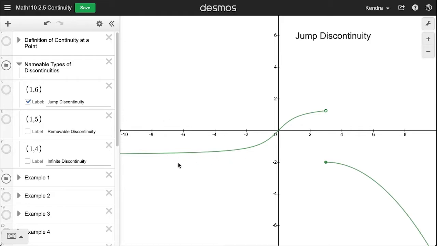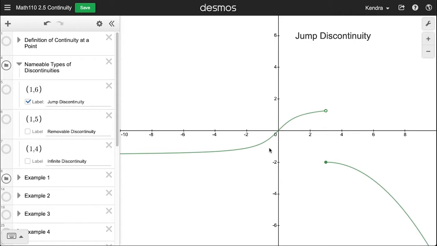Jump discontinuity, which means that the left-hand limit, the limit as x approaches 3 from the left, is different from the limit as x approaches 3 from the right. And the idea of left-handed continuity or right-handed continuity is which one of these one-sided limits actually equals the value of the function at x equals 3.